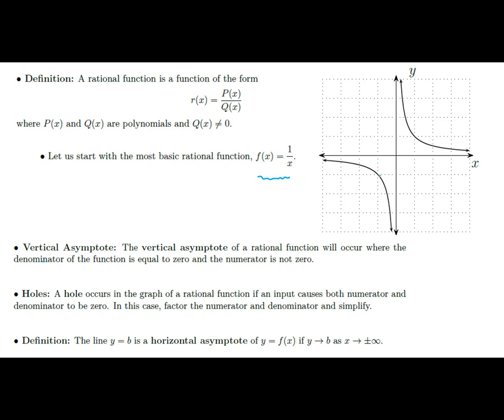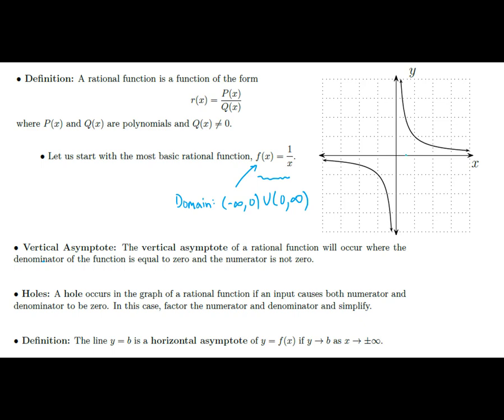Just by looking at this function and our knowledge of domains, we know the domain is negative infinity up to 0, but I'm not allowed to plug 0 in because that would cause me to divide by 0. And so there's my domain. So I know that this graph does not exist at 0. But let's think about what's happening as we get close to it.